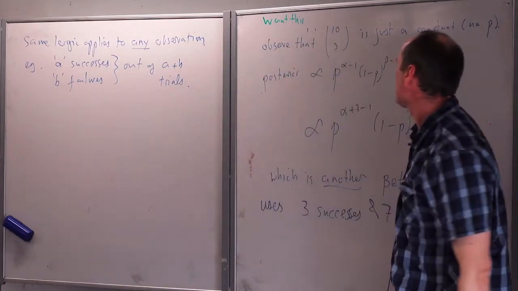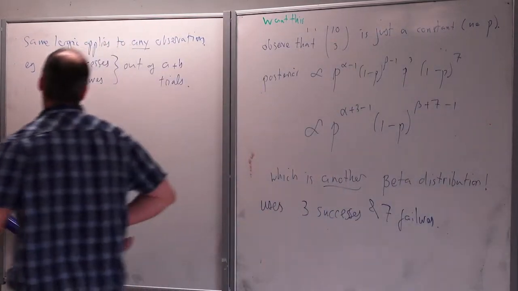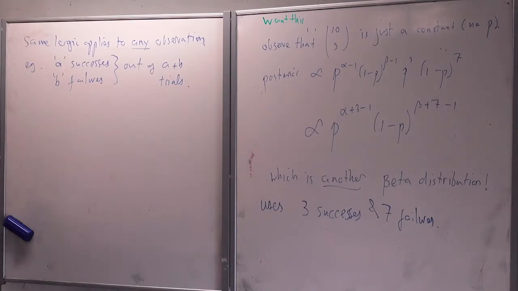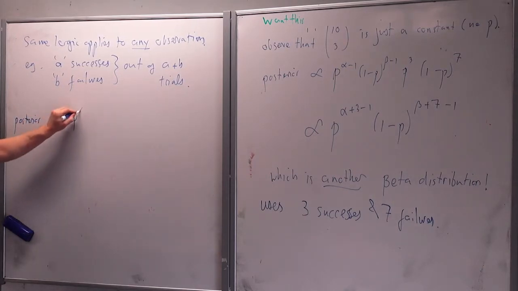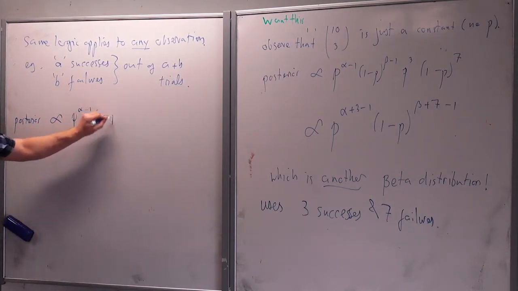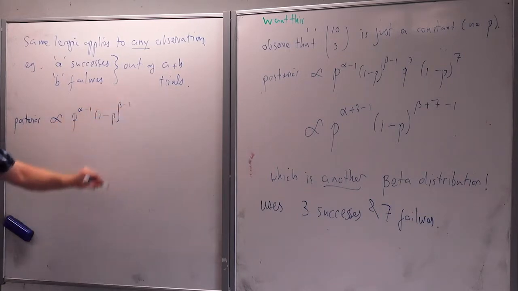So if you've got that, you can again observe that your posterior is proportional to p to the alpha minus 1, 1 minus p to the beta minus 1, which is your prior.